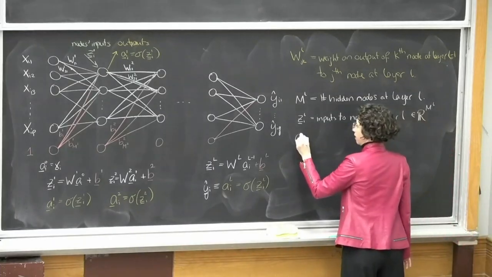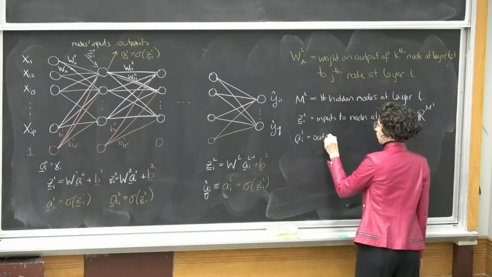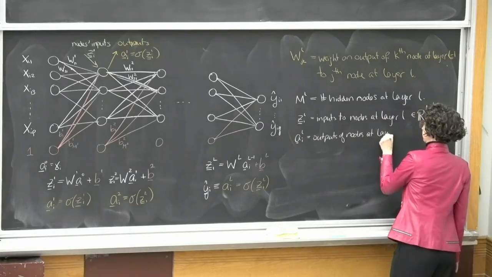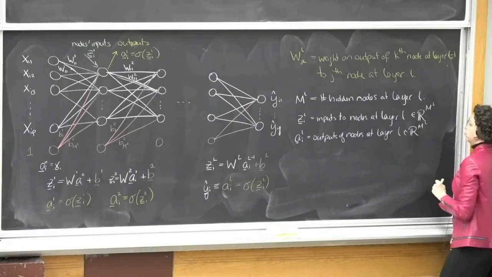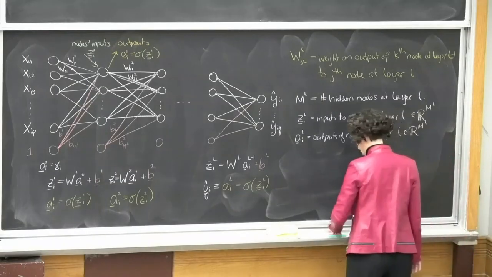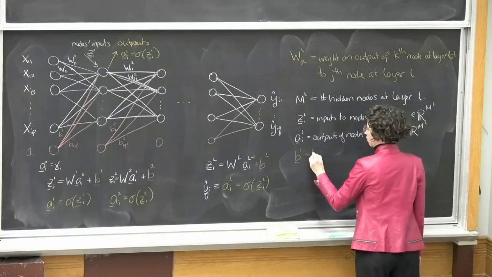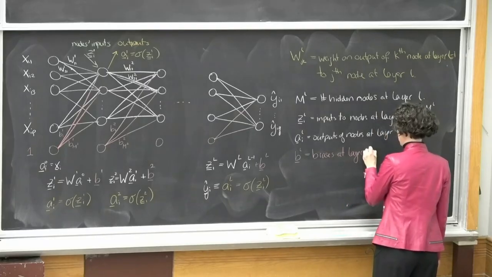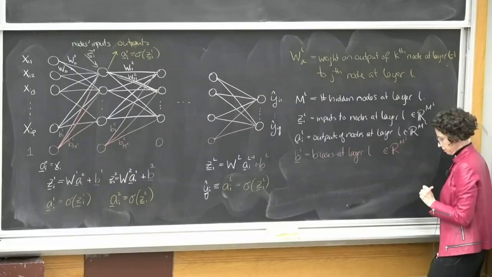We also have A_i^L, and these are the outputs of the nodes at layer L, and this is also a vector of dimension M_L. We also have all of our biases. So b^L, this vector, is equal to the biases at layer L. This is a vector of dimension M_L.